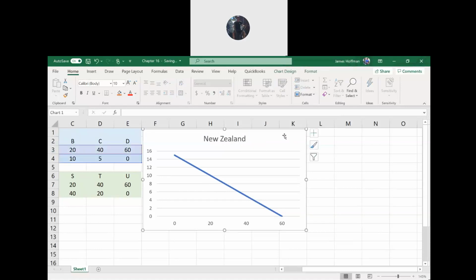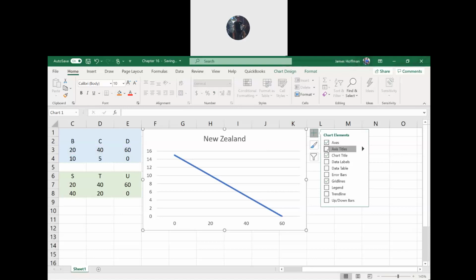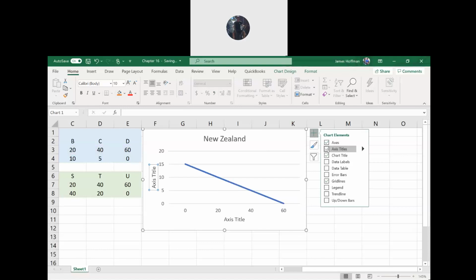Okay, and if you want, you can label the axes so you know what is what. You've probably done this before, but if you click on the chart elements or the plus sign, you can add the axes titles and show which good is on which axis.